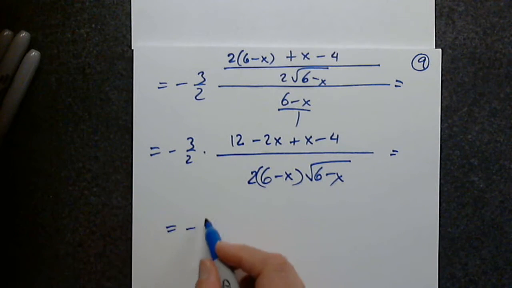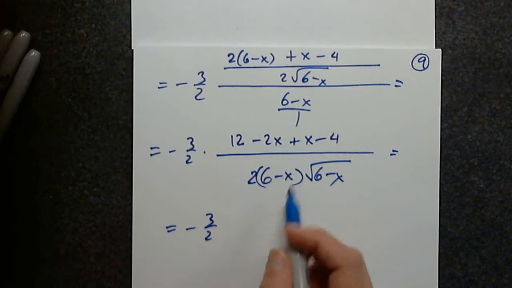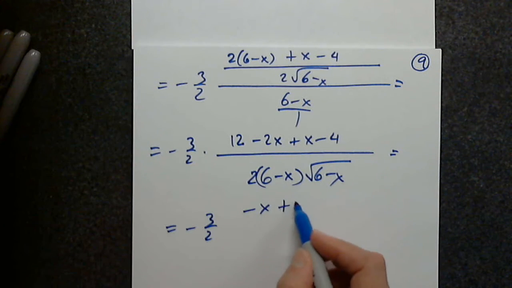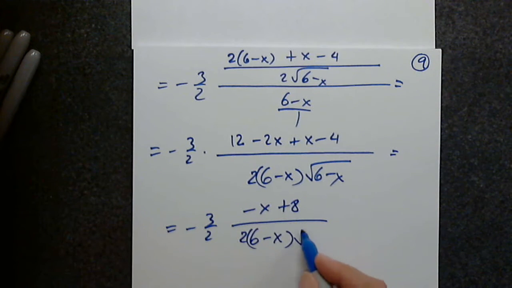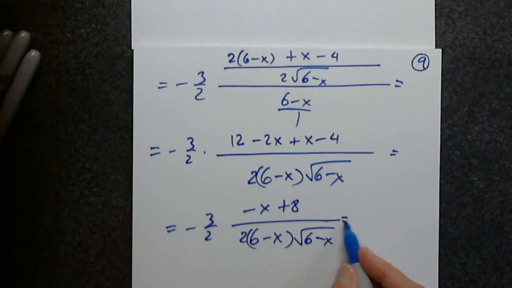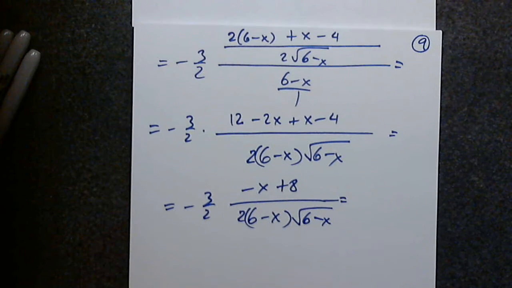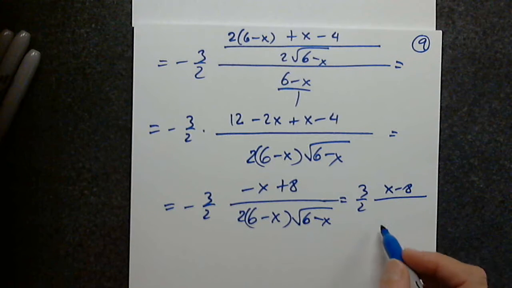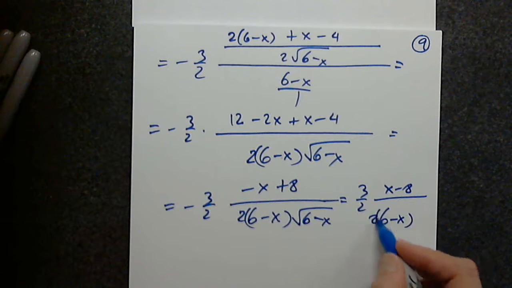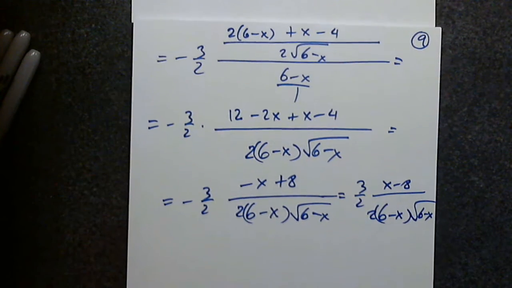Okay, so this is negative 3/2, and this is negative x, and this is positive 8, over 2 times 6 minus x, the square root of 6 minus x. Of course, I'm going to pull out a negative 1, so I have 3/2 times x minus 8 over 2 times 6 minus x, the square root of 6 minus x.